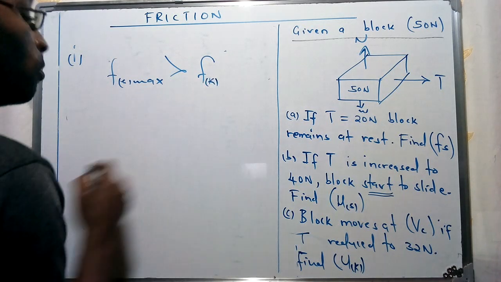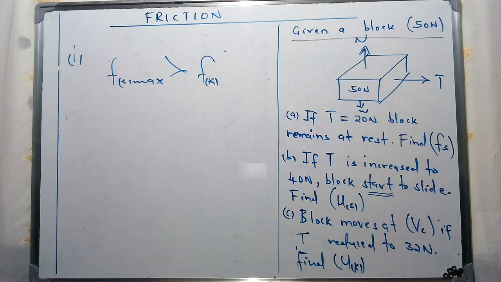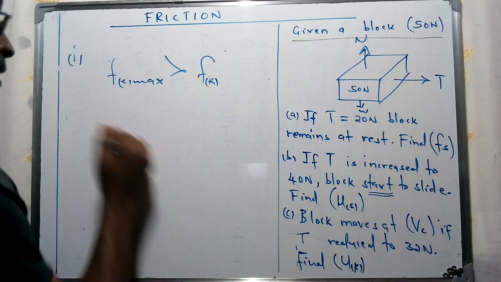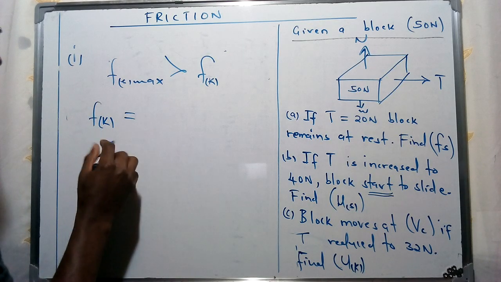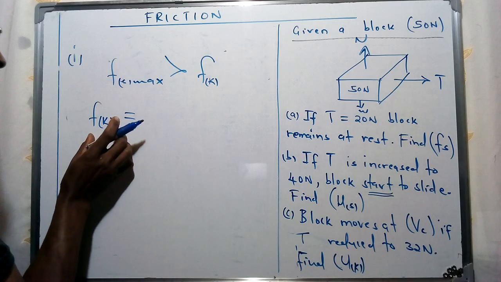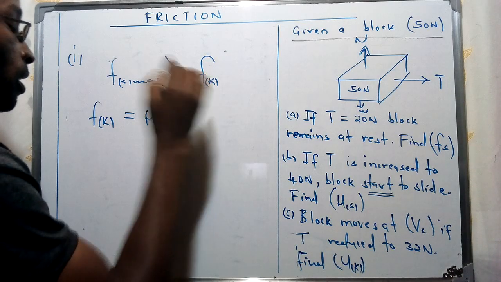And therefore we can do an evaluation in order to find the coefficient of kinetic friction, which is given as mu K. The relationship for sliding friction is Fk equals mu K times the normal.